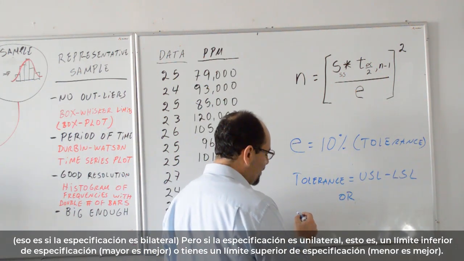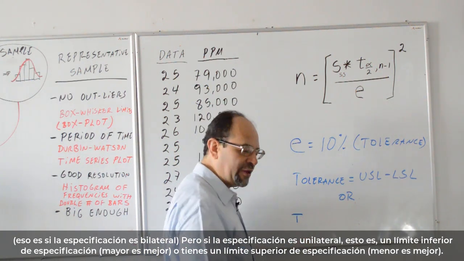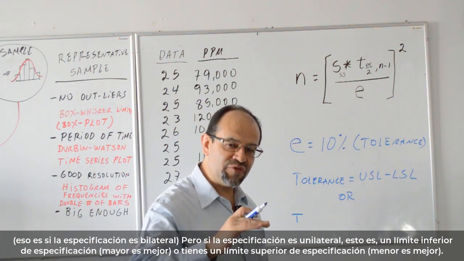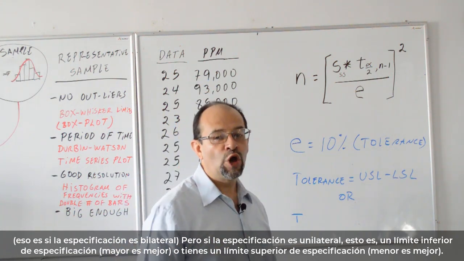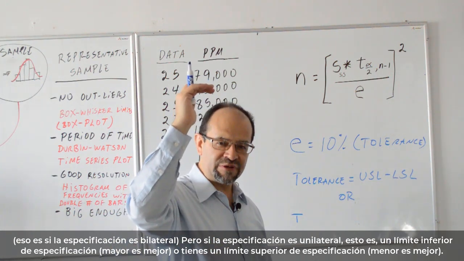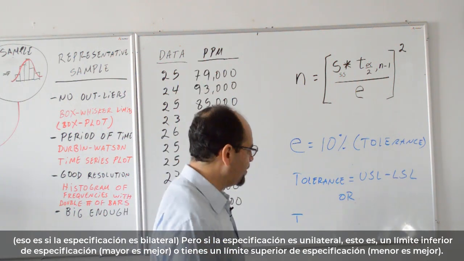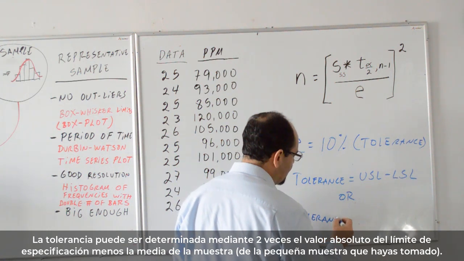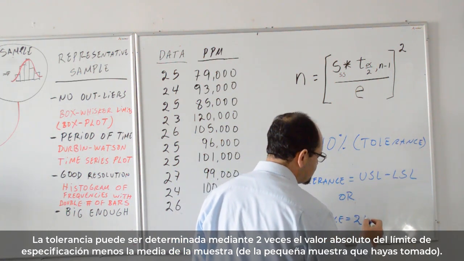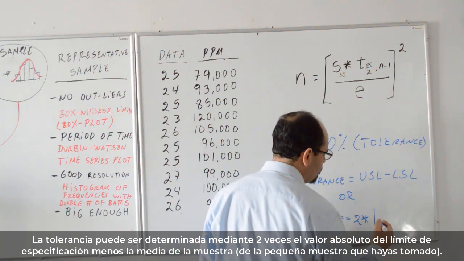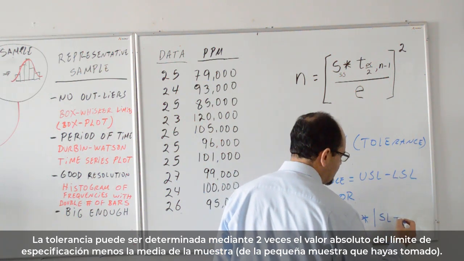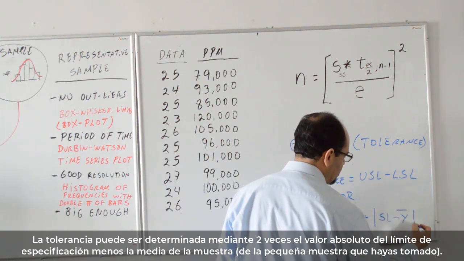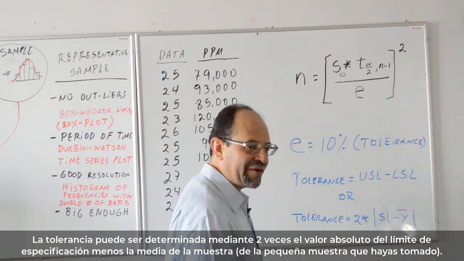But if you're having a one-sided specification limit, you are having a lower specification limit, greater is better, or you are having an upper specification limit, smaller is better. The tolerance can be given by 2 times the absolute value of the specification limit minus the mean of the sample, the small sample that you have taken.